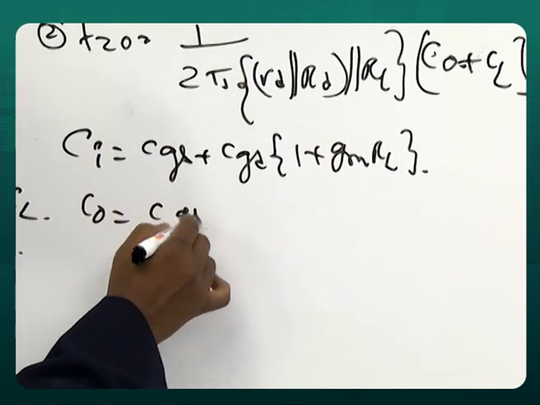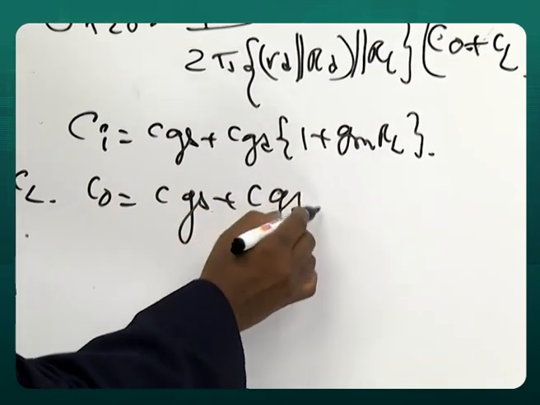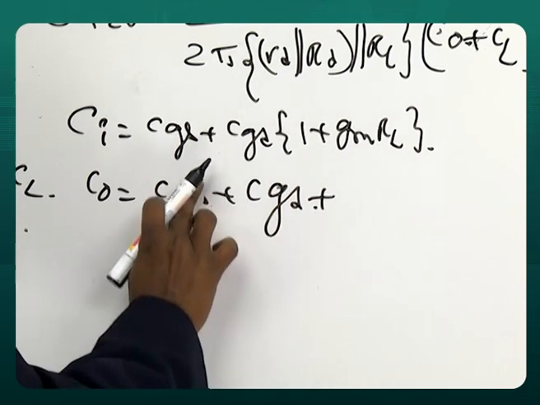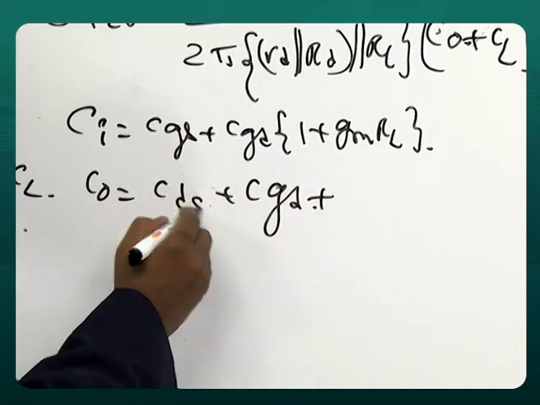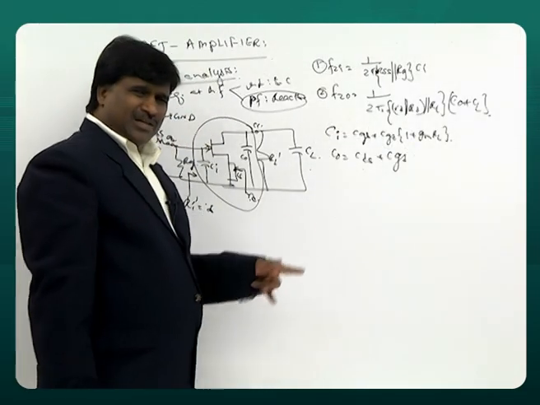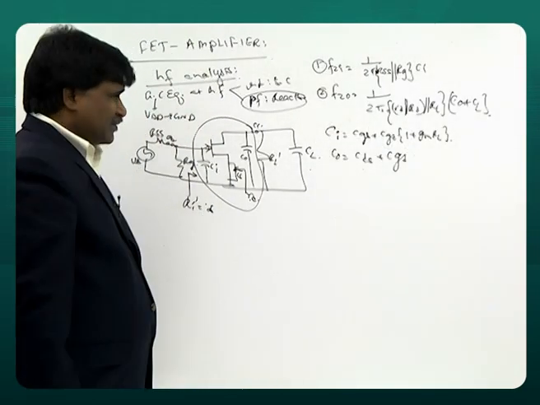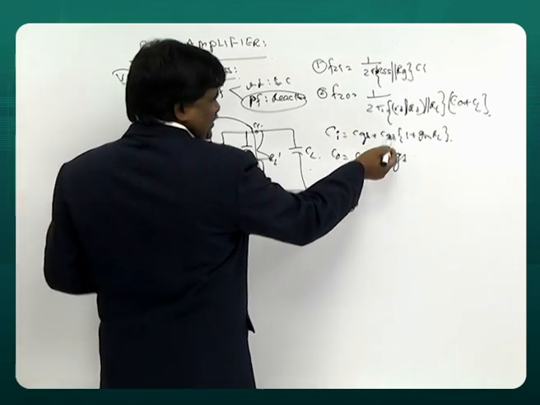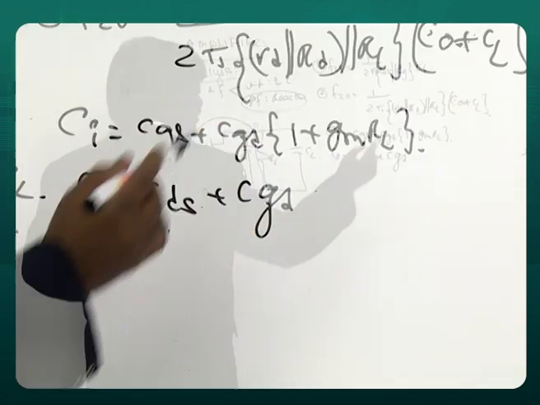CO is CGS plus CGD plus CDS. How does this come? It just came from Miller's. If you apply Miller's theorem for CGD, it comes there.